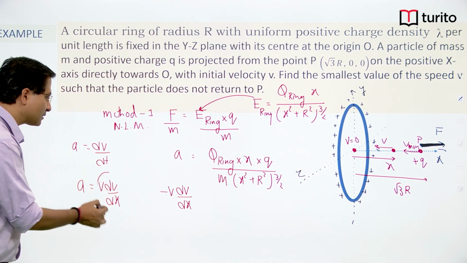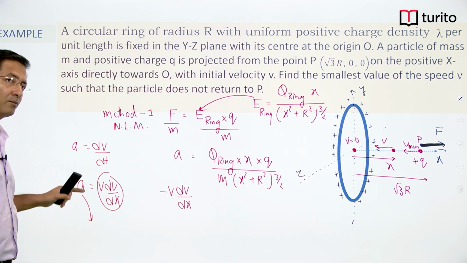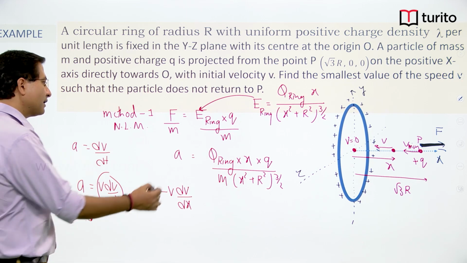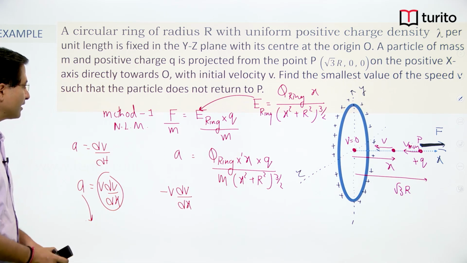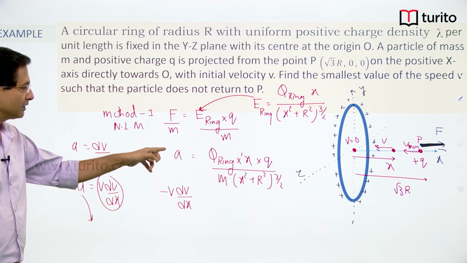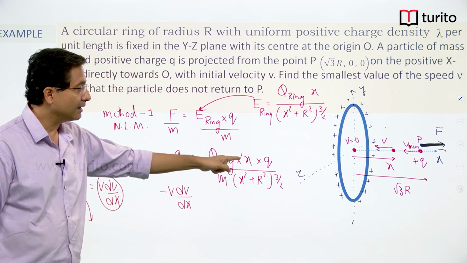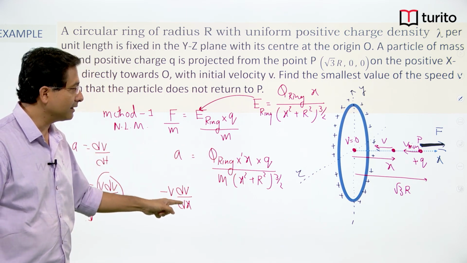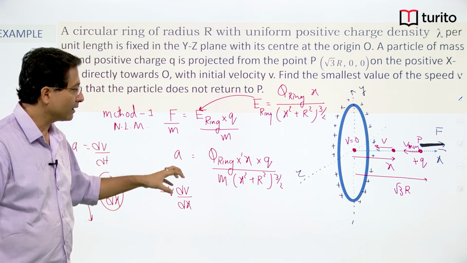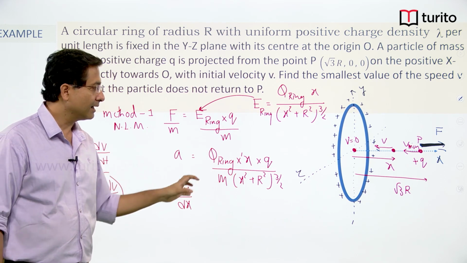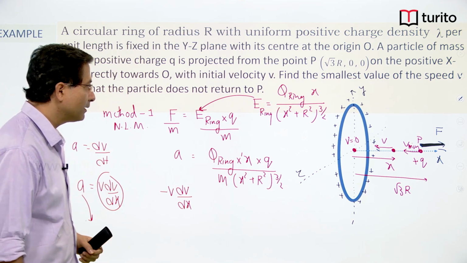We generally substitute this when acceleration is either a function of velocity or a function of position. Here we get acceleration as a function of position, so we write v dv by dx, because if I use dv by dt there will be 3 variables, velocity, time and x, but with v dv by dx there will be only 2 variables. So one I can place on the left-hand side and the other on the right-hand side and integrate to get the result. That is why I used v dv by dx.